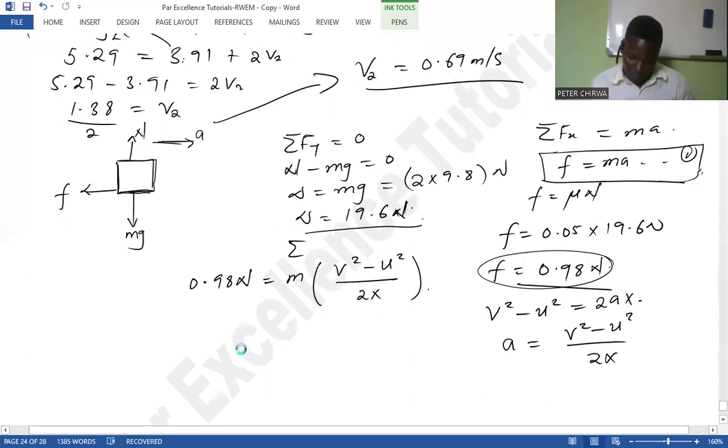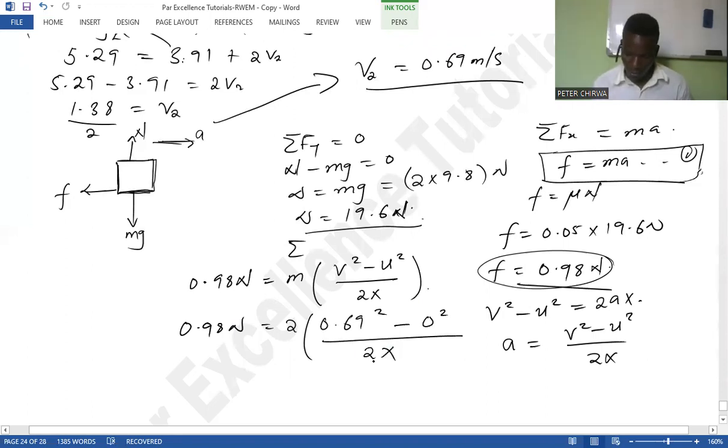So 0.98 Newton equals the mass, which is 2 kg, times the final velocity, 0.69 squared, minus this one. It was at rest, so that goes, over 2x.